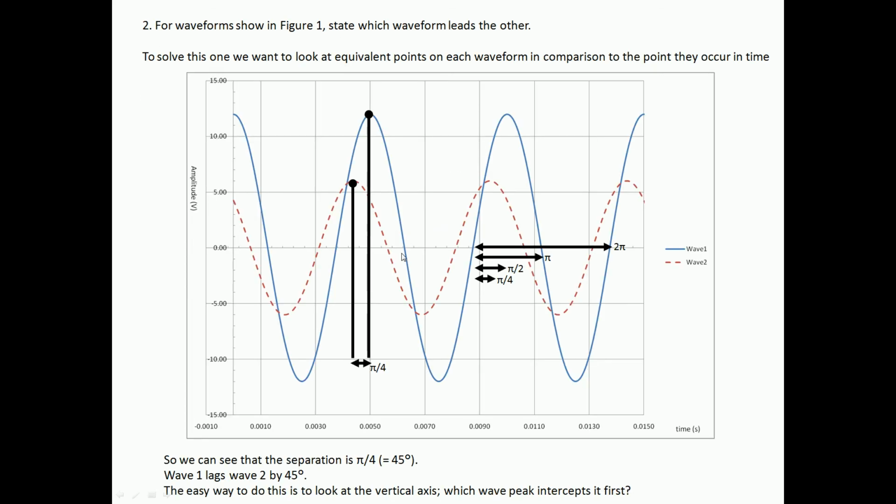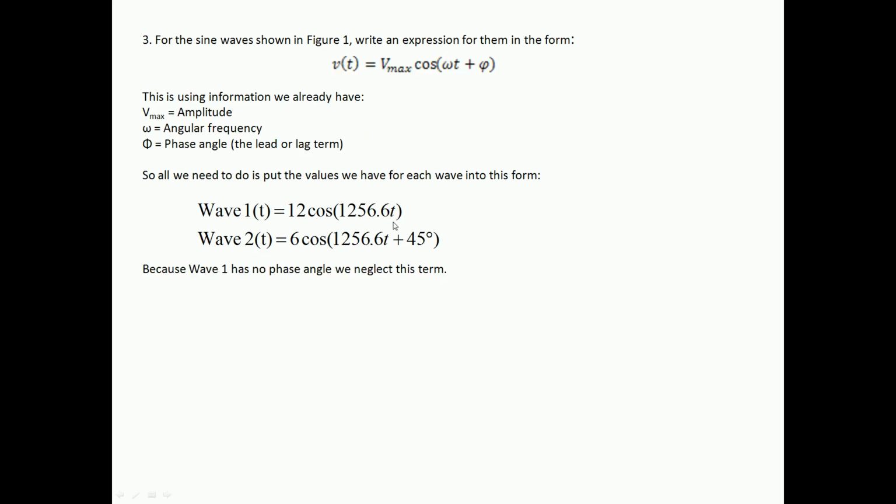So you can see for wave 1, it's at its maximum at t is equal to 0. That means it already is a pure cosine. So because it's a pure cosine, we don't need to have a phase shift. So this term, it would be plus 0. Because it's plus 0, we just ignore it. So that's our expression for wave 1.